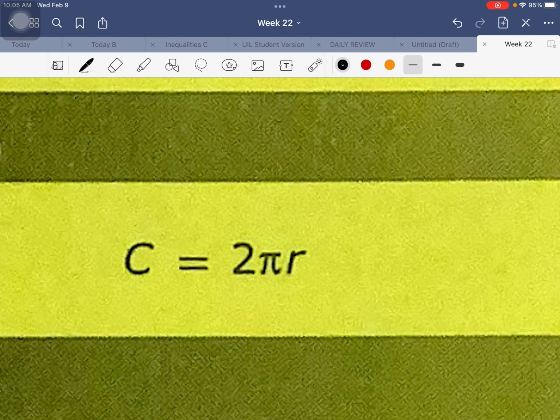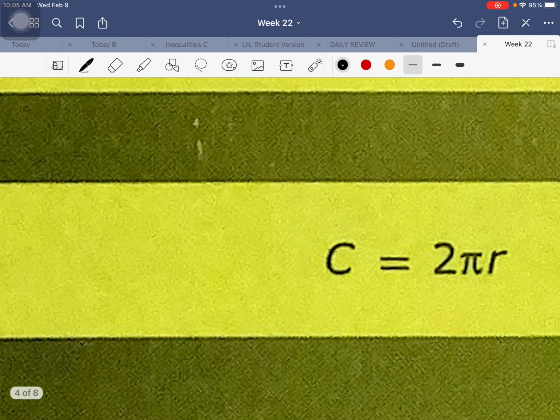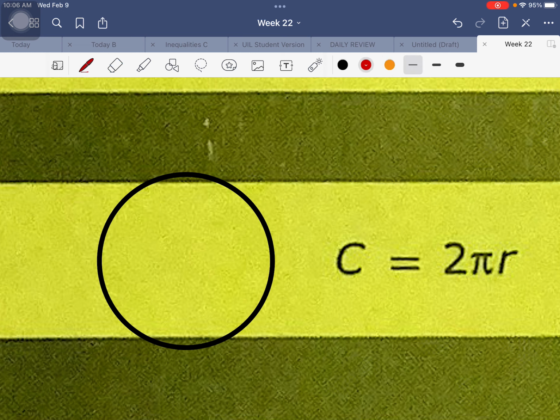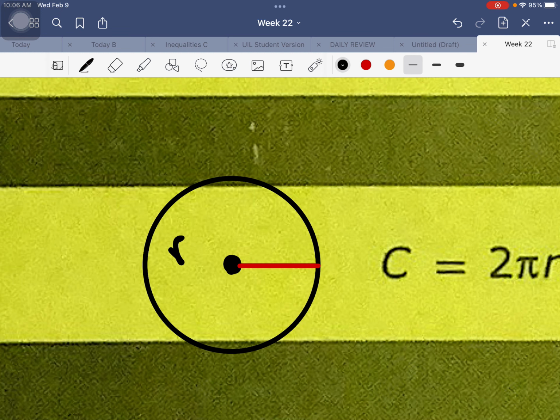So over here, we're going to draw another circle where we're only going to draw the radius. So if they give you the radius, this is the formula you're going to use.